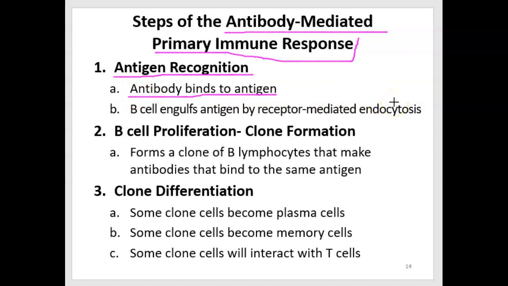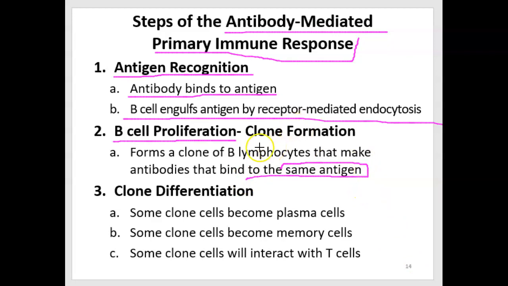Let's say the antibody is on a B cell. That B cell then engulfs the antigen by receptor-mediated endocytosis. And then we get a proliferation of B cells that can recognize that exact same antigen.